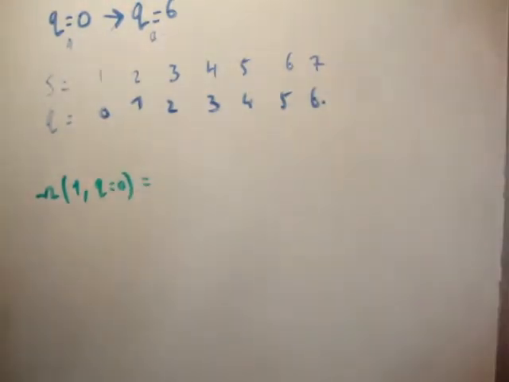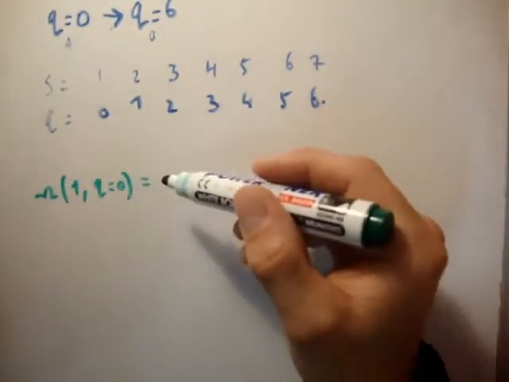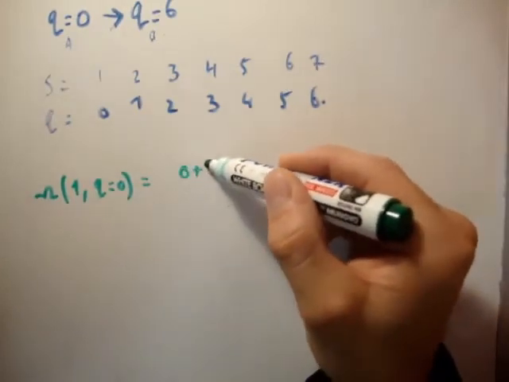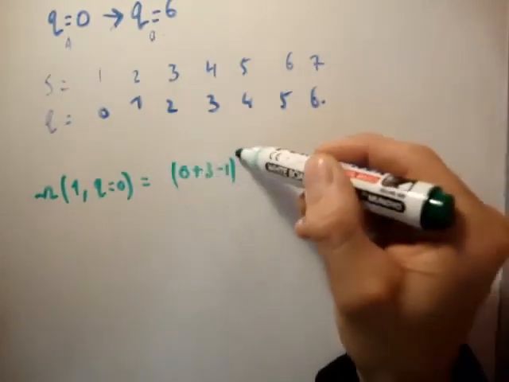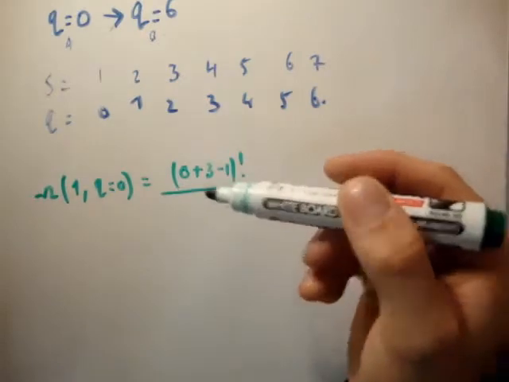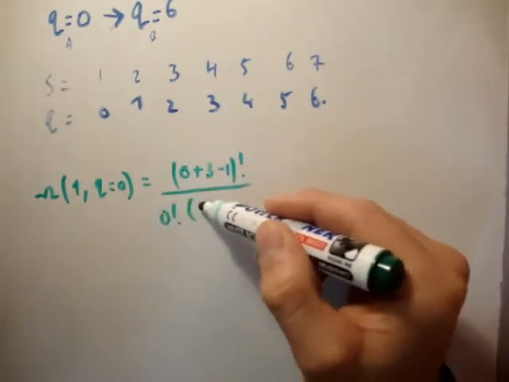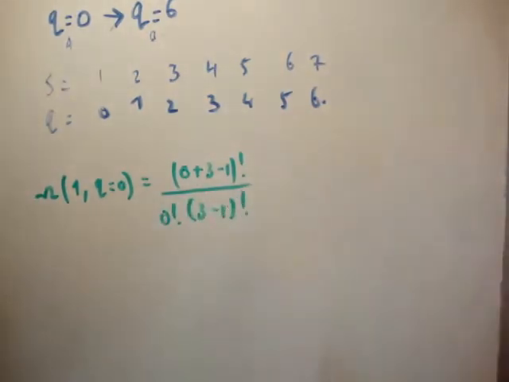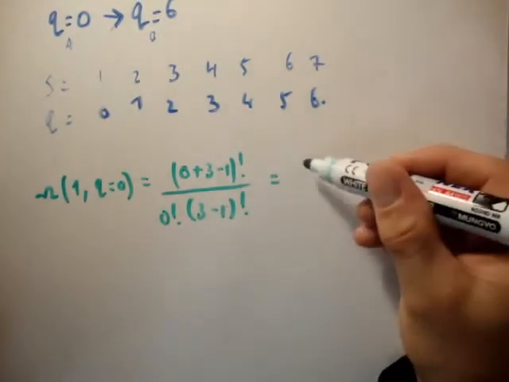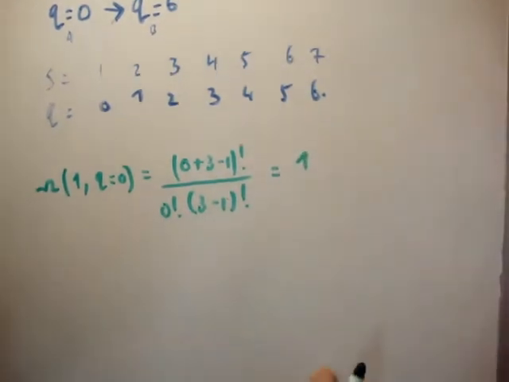We have (0 + 3 - 1) factorial divided by 0 factorial and (3 - 1) factorial. I showed in the last video why 0 factorial is equal to 1, so the multiplicity here is going to be equal to 1.